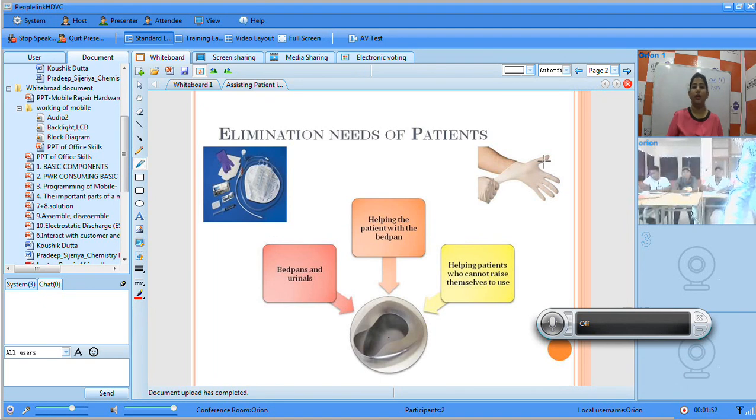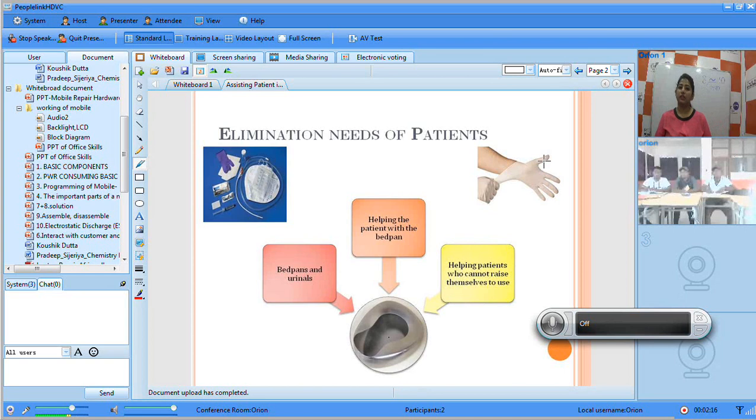Now, when a person is in the bed, there can be a few options through which we will help the patient eliminate their waste products. Waste products are of two types. First, the liquid waste products, and second, the solid waste products.